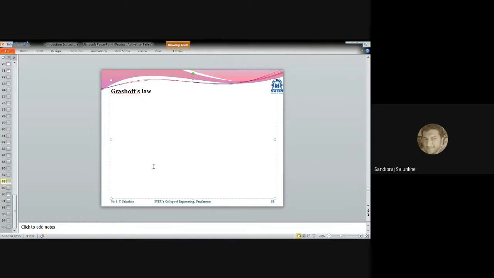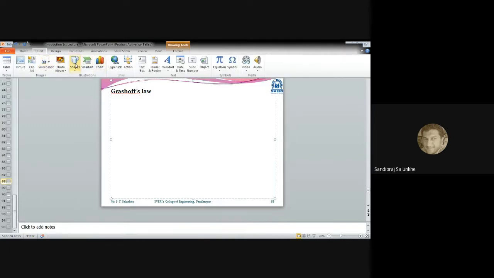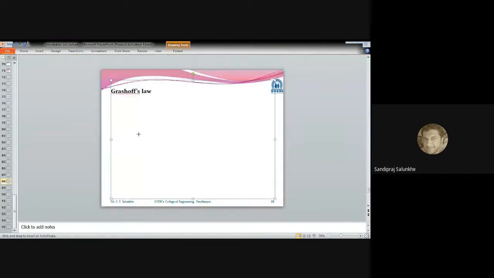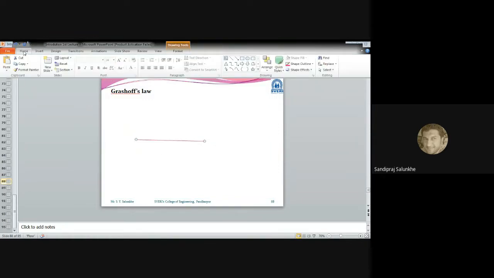Yeah. So this point is called Grashof's law, that we are going to see. This Grashof's law is related to the four bar chain mechanism. So in this case, we'll first draw a four bar chain. Suppose we have one link like this, which is connected to the other link.